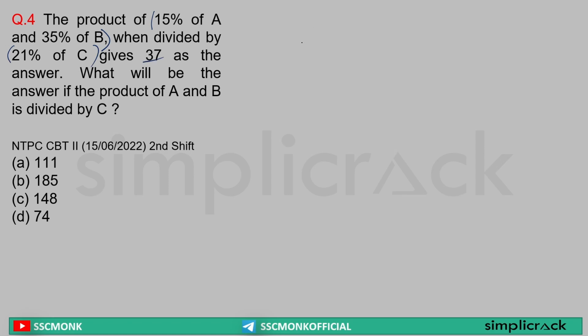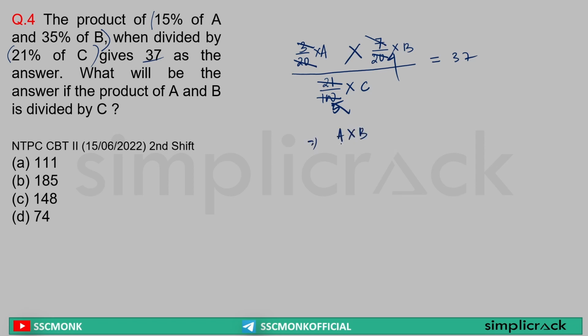So 15% of A means 3 by 20 of A, and product means multiplication. 35% means 7 by 20 of B, divided by 21%, that means 21 by 100 into C, gives 37. 3 7s are 21, so this will directly cross out. 20 5s are 100, 5 4s are 20, because all are in the denominator. So what is remaining? I can write A multiplied by B divided by 4C is equal to 37.